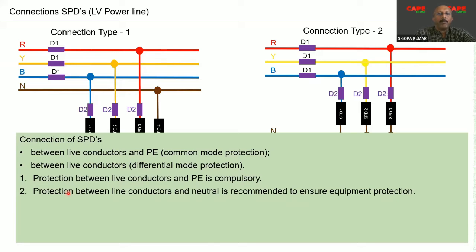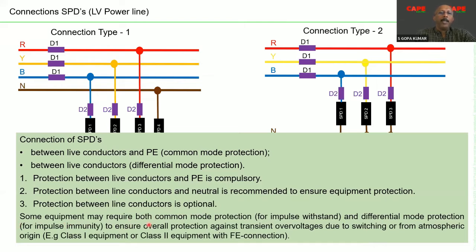Most often for larger buildings, your equipment is further inside the building. So if your equipment is inside the building, the second line, protection between line conductors and neutral, is recommended to ensure equipment protection. That means the connection type 2 probably is required near to your equipment. Now, protection between line conductors is optional.